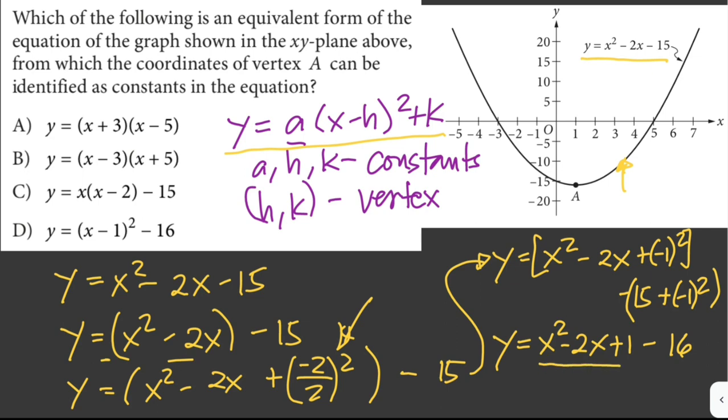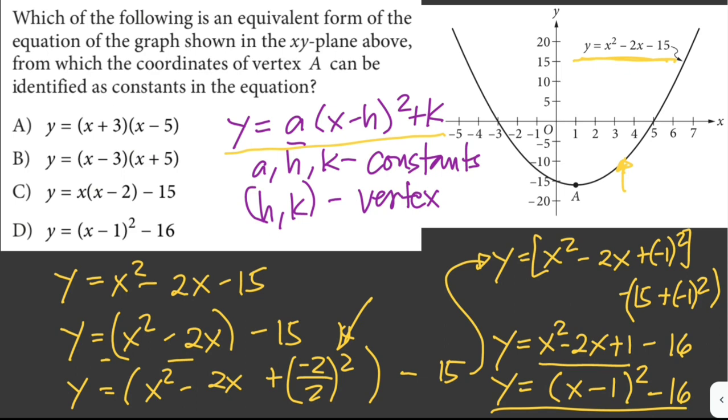Then we can factor this. x squared minus 2x plus 1 can be written as x minus 1 squared, so y equals x minus 1 squared minus 16. This is the vertex form of this quadratic equation.